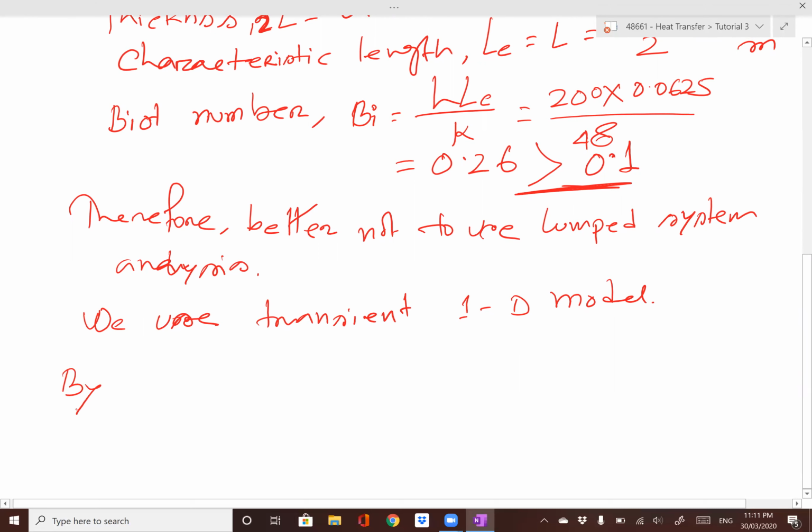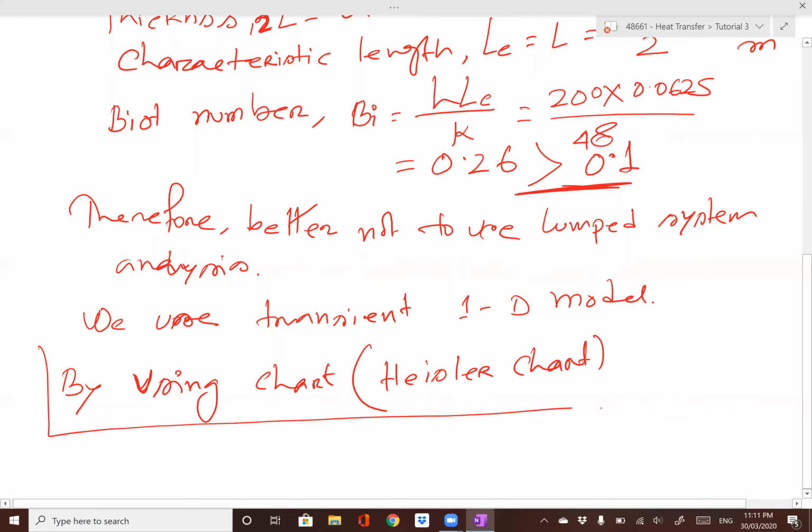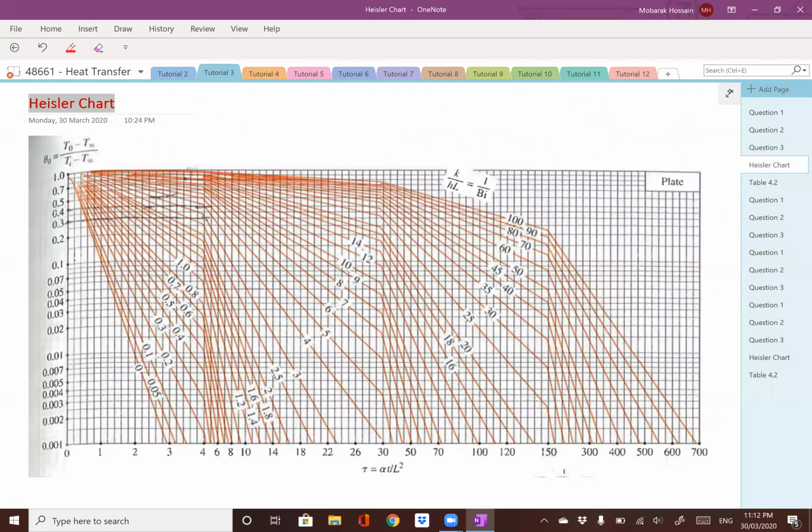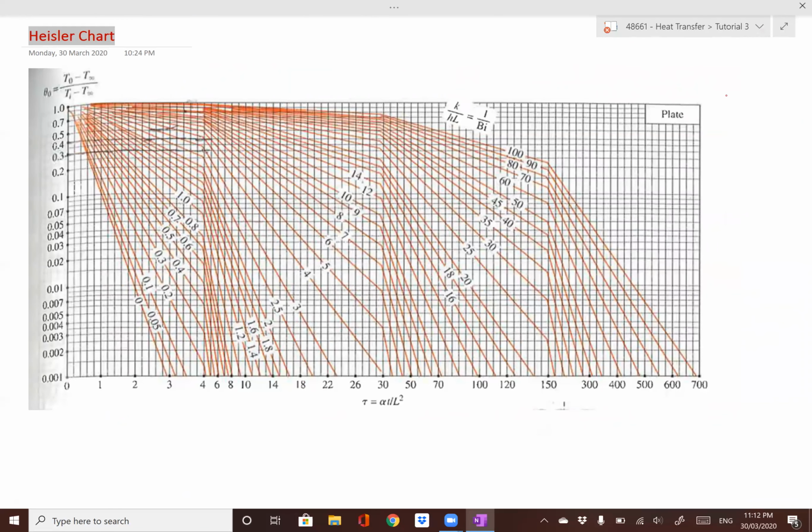If I solve this problem by using a chart, basically the Heisler chart. So let's show the Heisler chart.